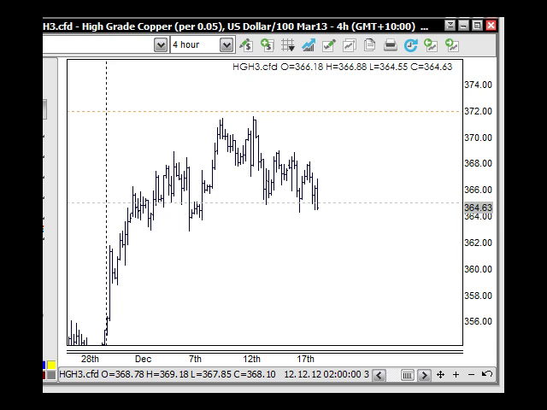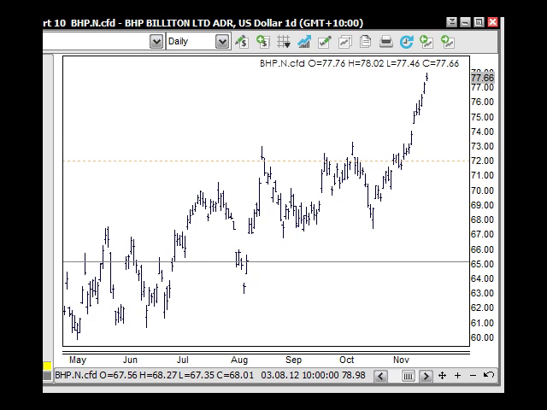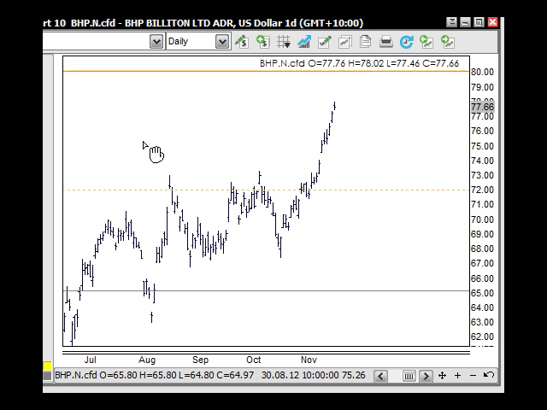So when I look at BHP here, for instance, this is US BHP, but there won't be a lot of difference. If we just sort of look at this little structure within here, what we can say in terms of its 5-wave structure is that the strongest part in the structure would be in this area here, wouldn't it? So essentially that's going to be the 3rd wave in through here.